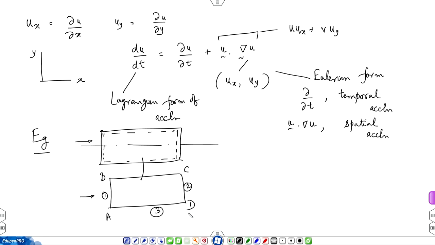We do not have to do it, CV can be anything, but we make the side boundary 3 overlap the wall on the inner side. Then you can apply u dot n equal to 0 on that surface. Then we got two important results.